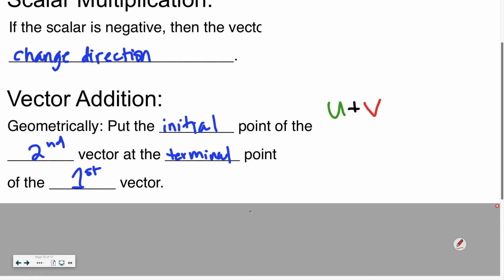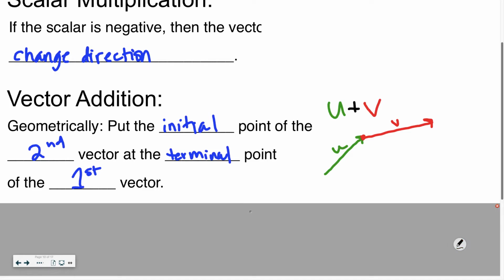Okay, so if I'm adding vector u to vector v, here is vector u. We are going to place the initial point of vector v at the terminal point of vector u. So here's u. I attach vector v to it.